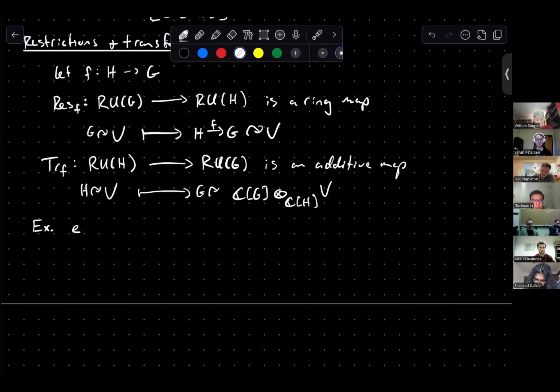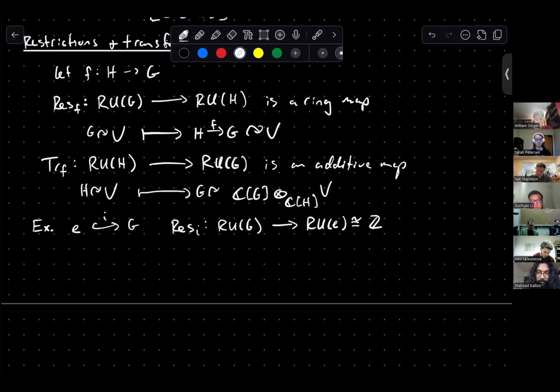So let's take the inclusion of the trivial group into G. We'll call this I. Then the restriction along I is a map from RU of G to RU of E, otherwise known as Z. So this must produce an integer from a G representation.